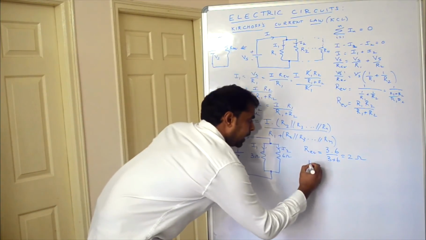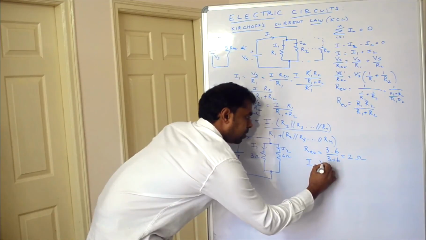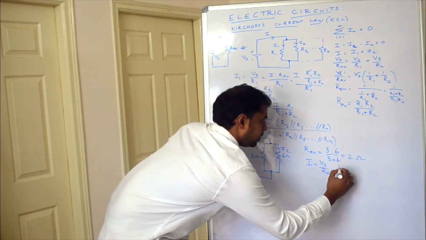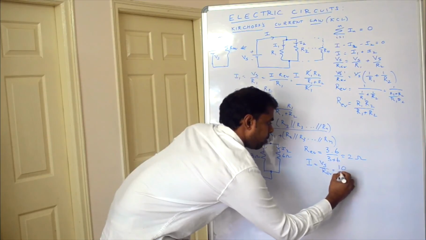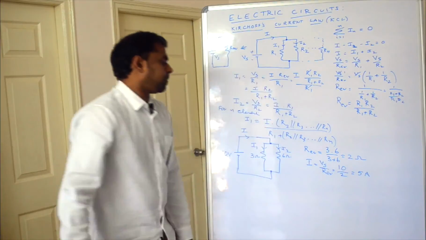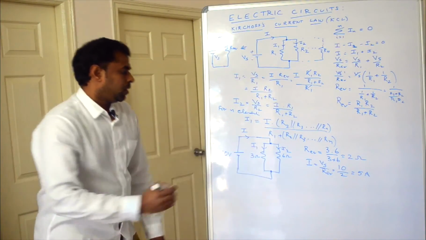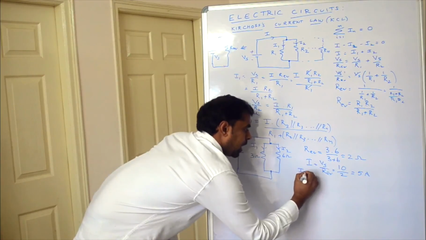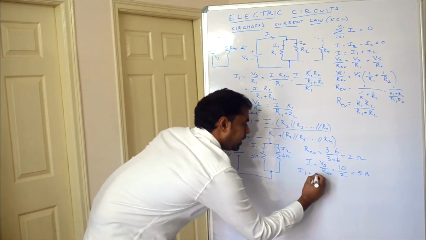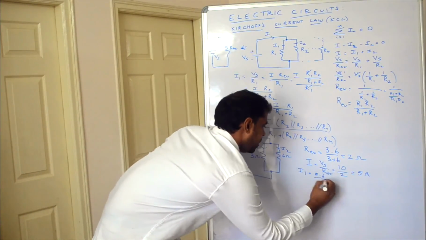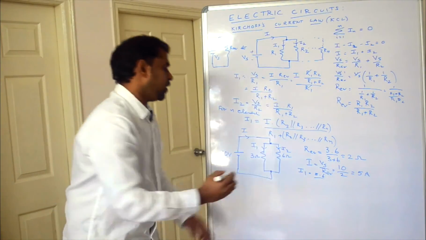So total current I is nothing but Vs by R equivalent. It is 5 amperes. Current in 3 ohms, that is I1, is nothing but total current into the other branch resistance by the sum of these two.